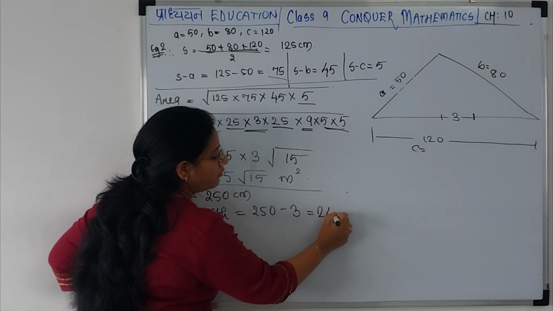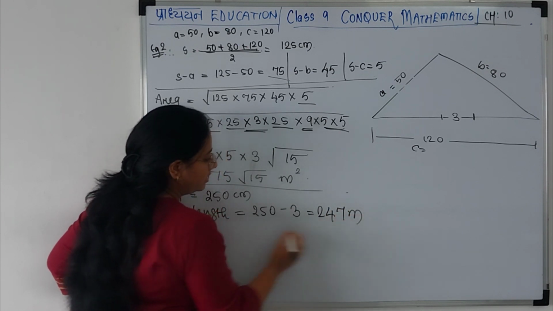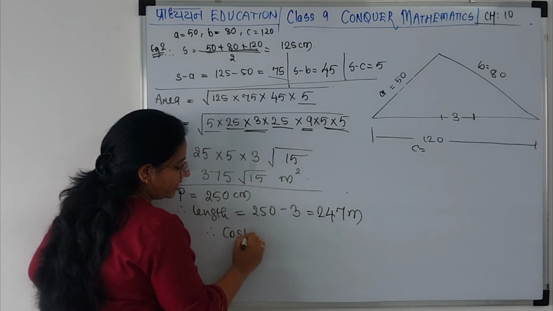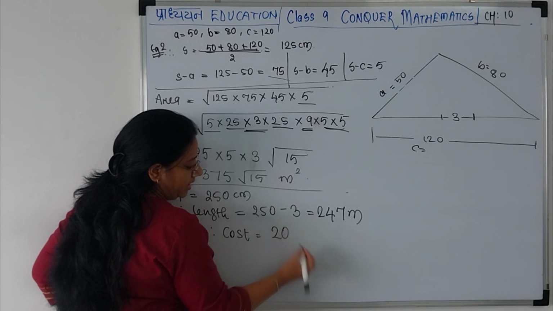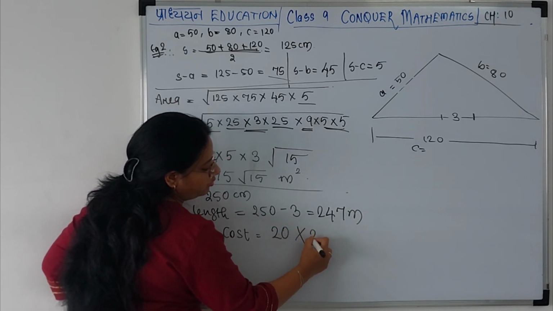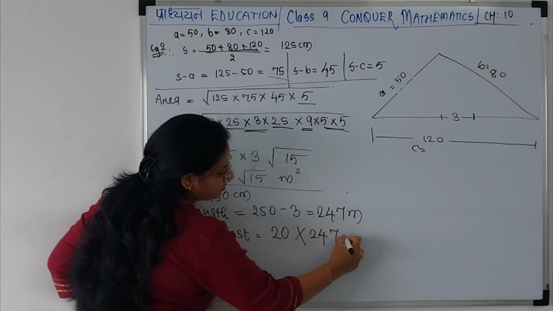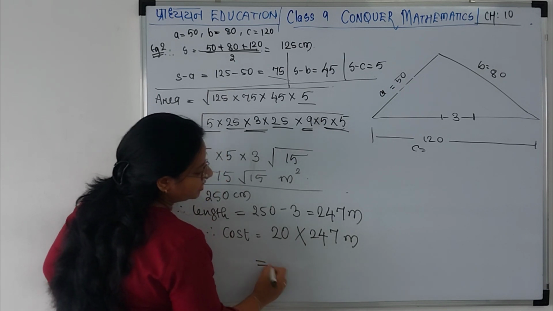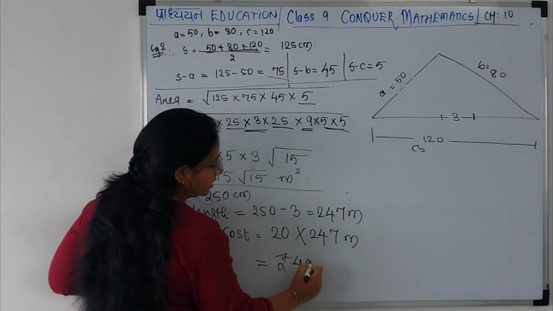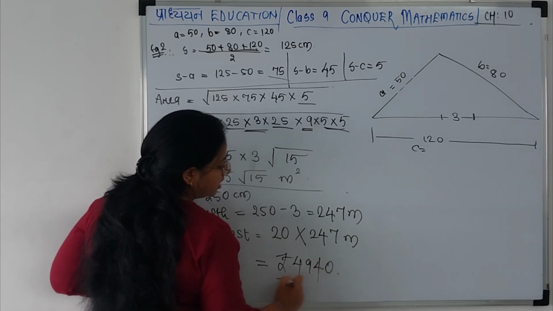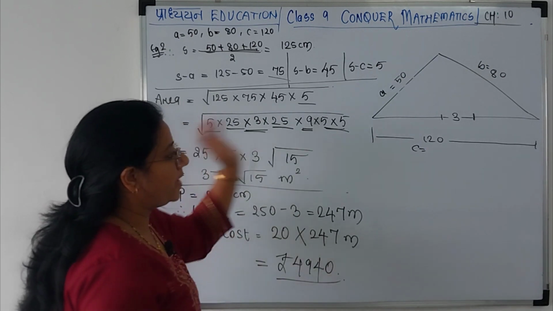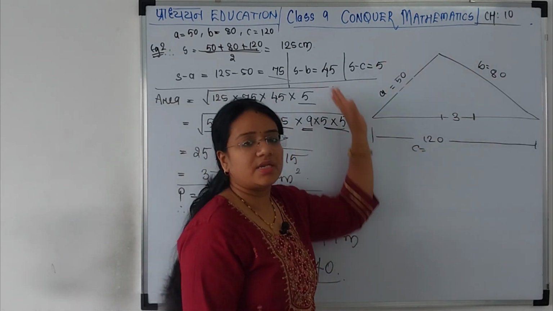That is equal to 247 meters. Therefore, cost of wire is nothing but rate 20 per meter into 247 meters, which is equal to rupees 4940. That is the cost of wire that you have to spend to fence the entire garden.